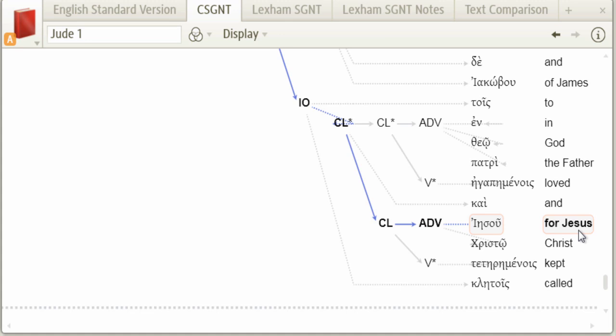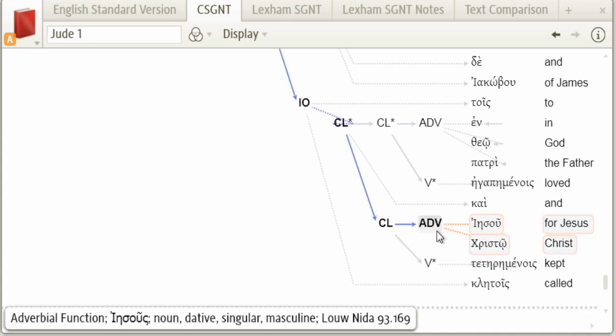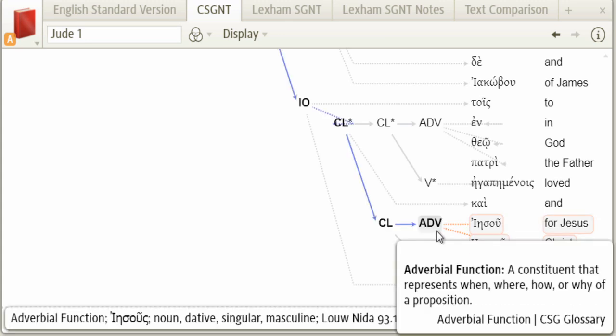You would usually see indirect object in place of adv, which is adverbial function. In other words, Jesus Christ isn't the indirect object in this clause. Instead, the adverbial function lets us know something more about the verb "kept" or "preserved." Why are we kept? We're kept for Jesus Christ.